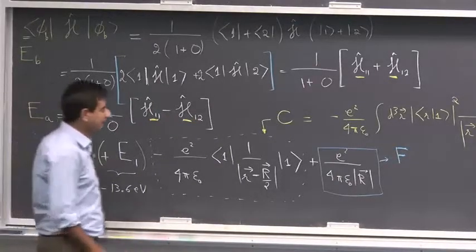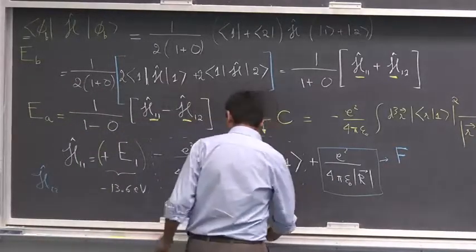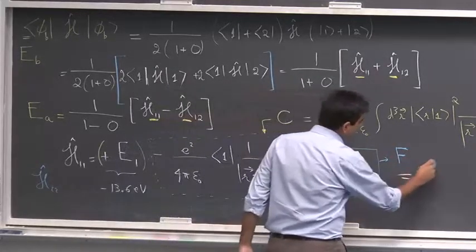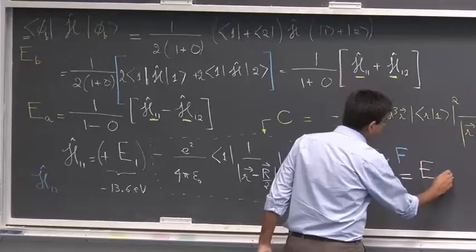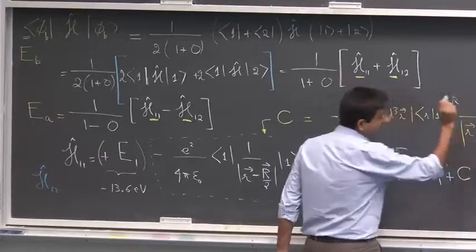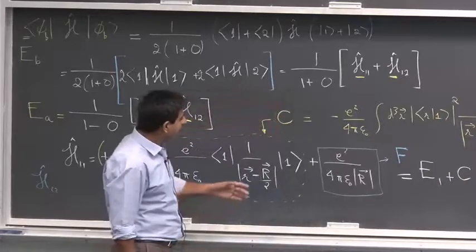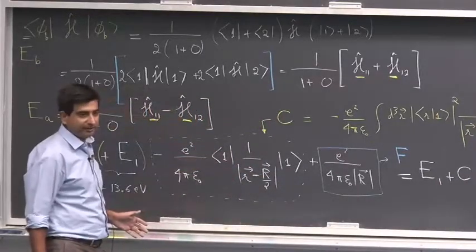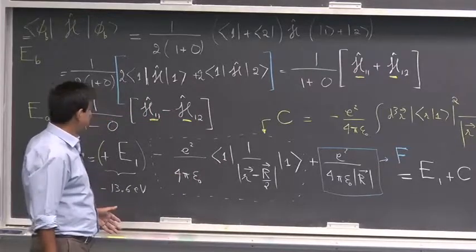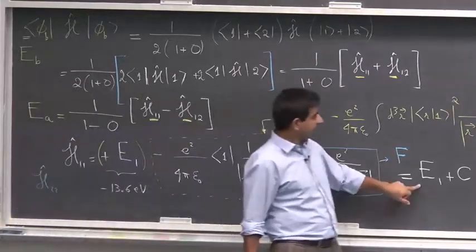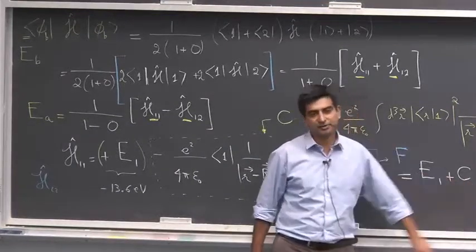So what I've done now is calculate H11, and I label this as E1 plus C plus F. Each one of these is an integral. So this is negative, negative, and a positive number.